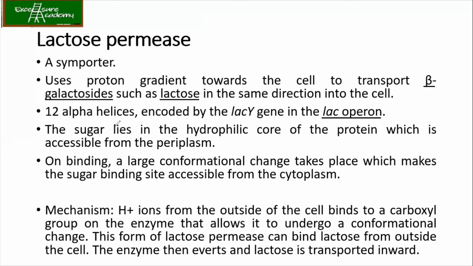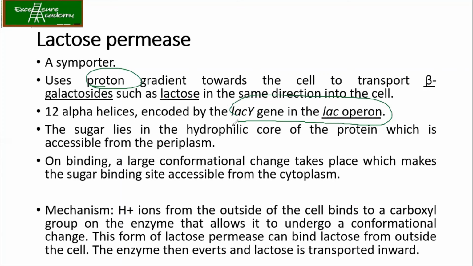Okay. So it uses a proton gradient towards the cell to transport beta galactosides such as lactose in the same direction into the cell. So इसने पहले बोल दिया, it is your lactose along with the H plus, which is going in the same direction into the cell. Okay, it is made up of 12 alpha helices, which is encoded by the lacY gene in the lac operon.